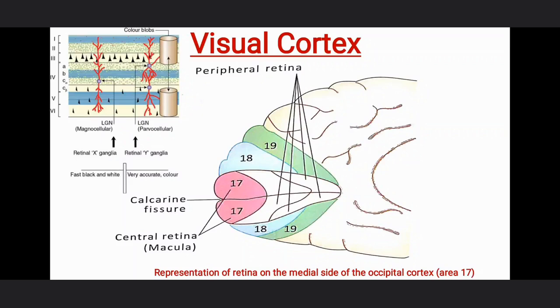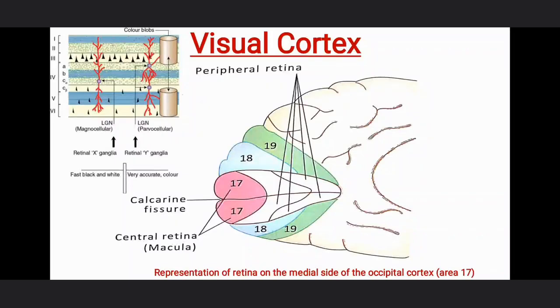It is also known as V1, located on the medial surface of the occipital lobe along the lips of the calcarine fissure. They look like lips. The left of the field of vision is represented in the visual cortex of the right hemisphere along the calcarine fissure and vice versa.